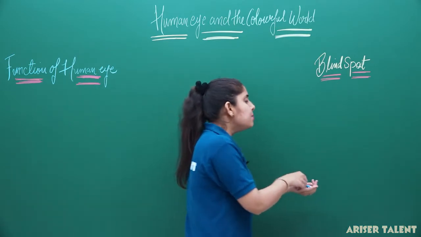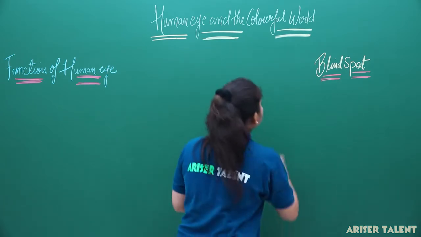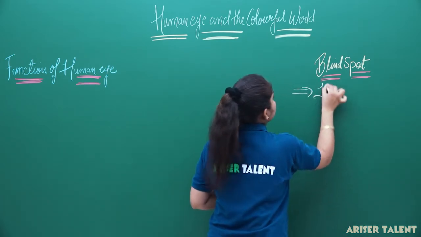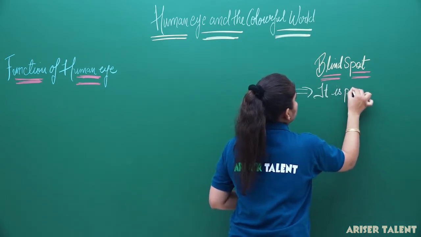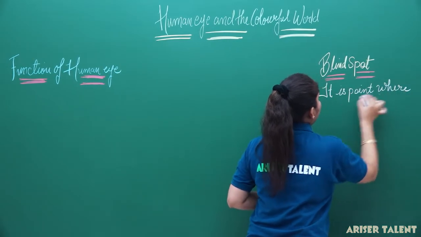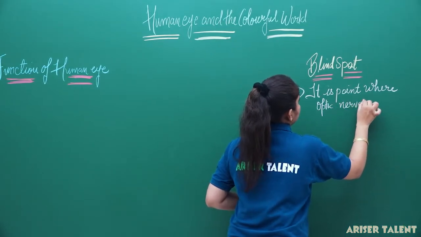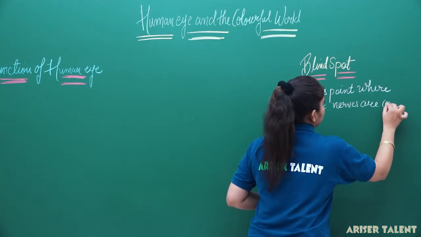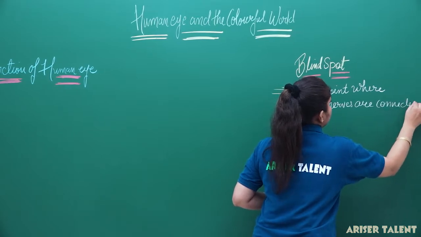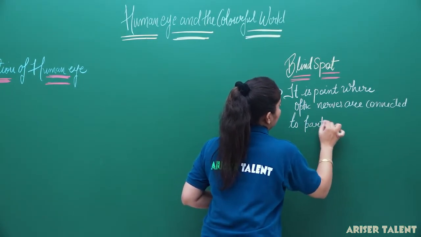Now, this blind spot is actually a point where optic nerves are connected to the part of the eye.